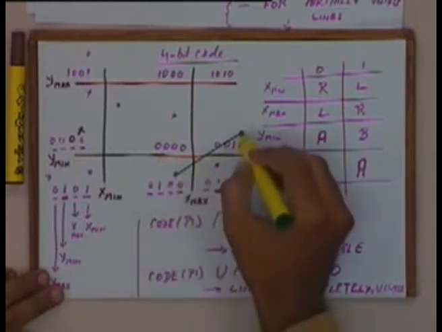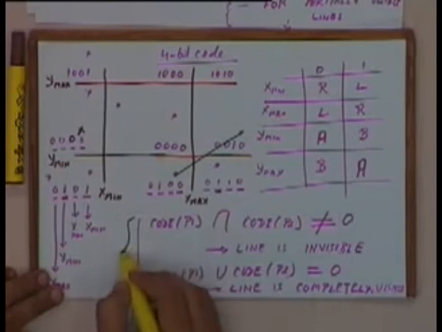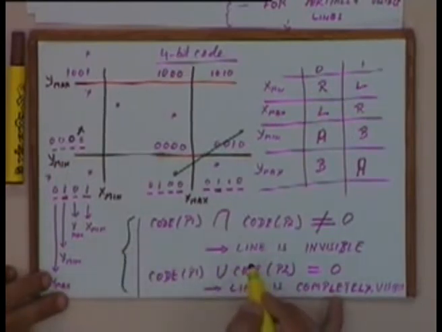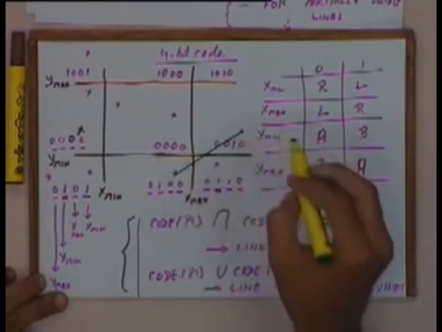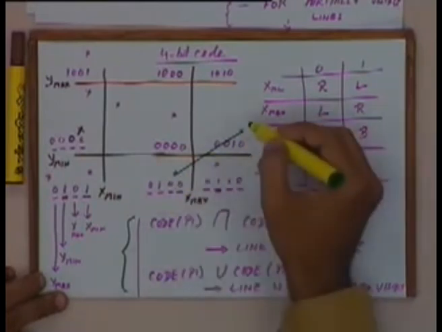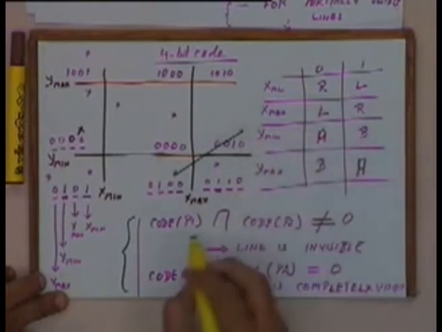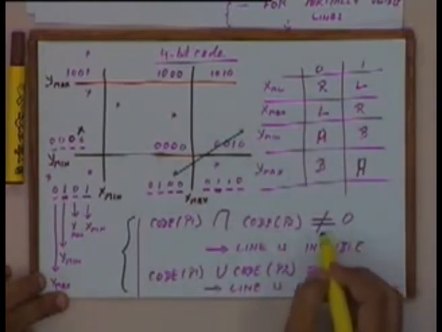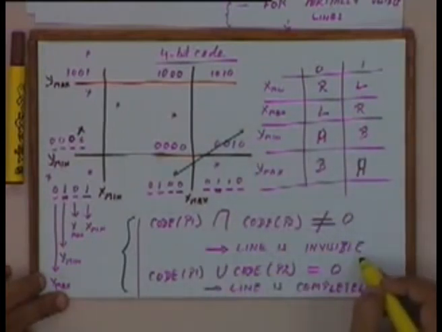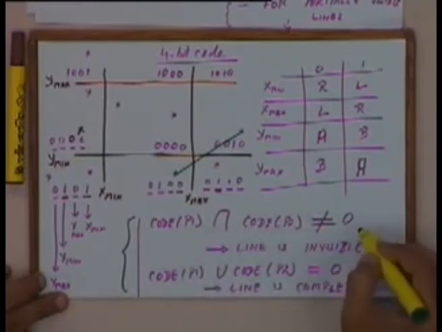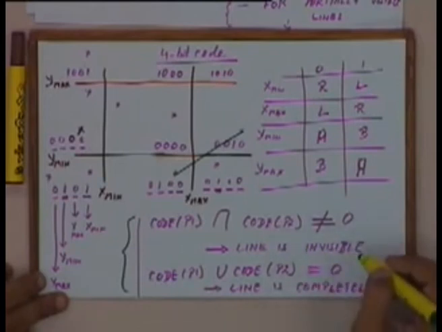In such cases, these checks are not going to result in any decision. We cannot decide on the basis of these checks that the line is invisible. Only when the intersection is not equal to 0 can we say confidently that the line is invisible.